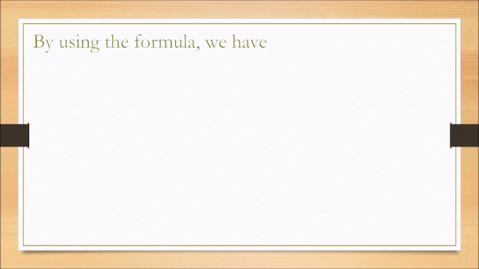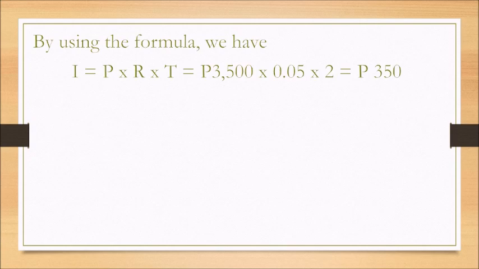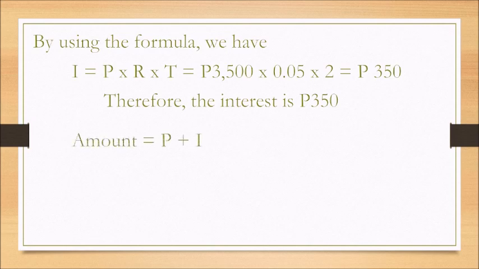By using the formula, we have I is equal to P times R times T. So it's 3,500 times R, 0.05, times 2, because it's 2 years, is equal to 350. Therefore, the interest is 350.